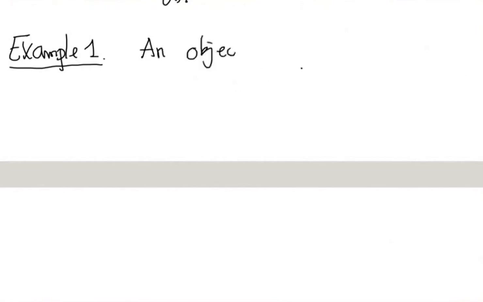So first, consider example 1. We discussed this in the first lecture. We have an object with mass m equal to 2 kilograms.